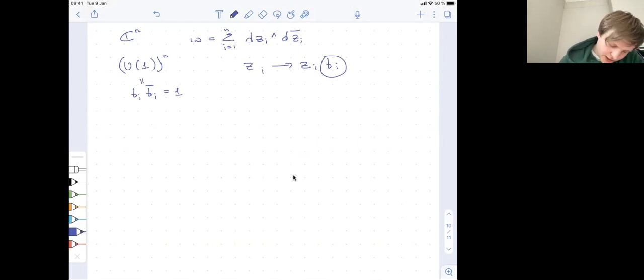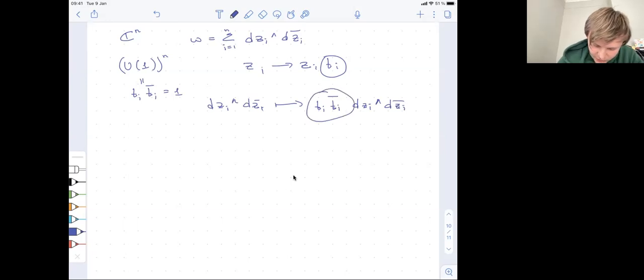Then such an action is definitely symplectic, because if I take dz_i wedge dz_i bar, it goes to t_i t_i bar dz_i wedge dz_i bar, and by definition of U(1) this is just 1, right?